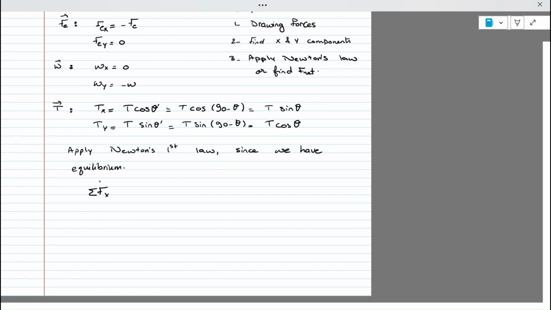So I can simply say that sigma Fx is equal to 0 and sigma Fy is equal to 0. By sigma Fx, I mean the sum of all of the x components of all of the forces acting on the bob.